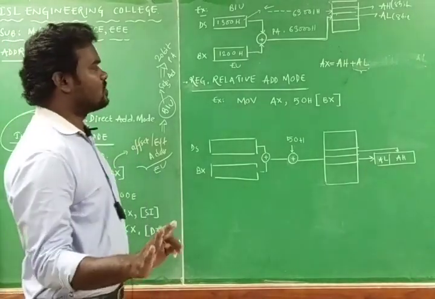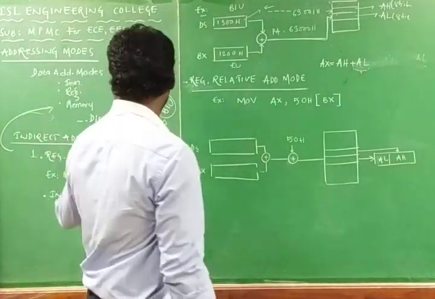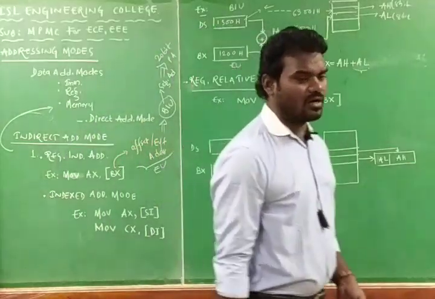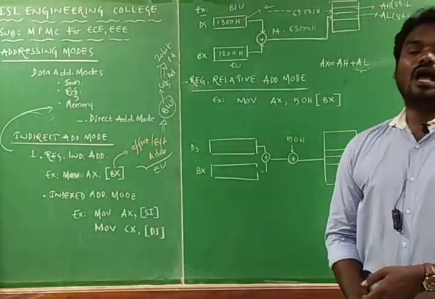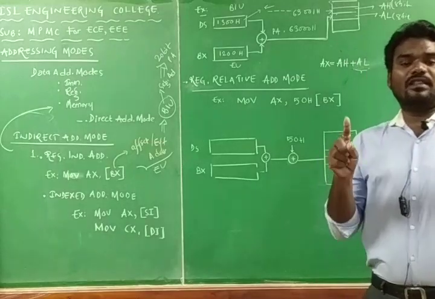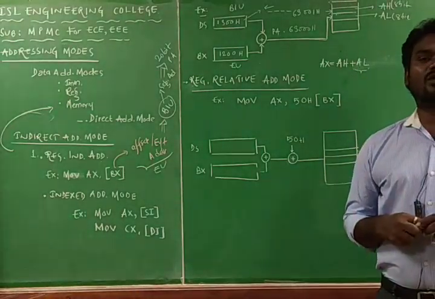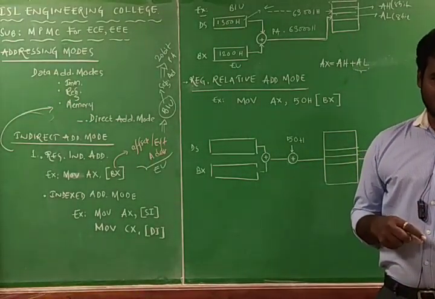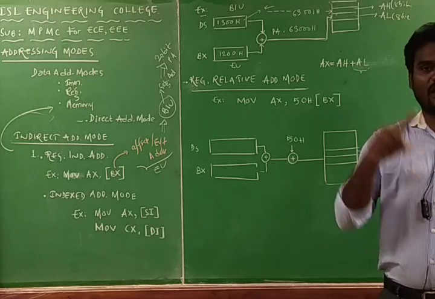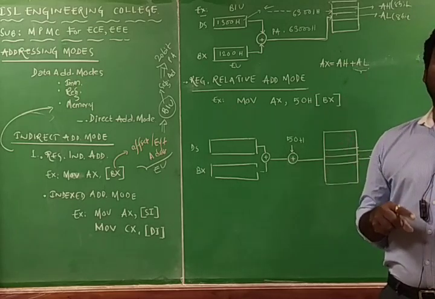So you should understand that in the register indirect addressing mode, the offset address is specified in the brackets.